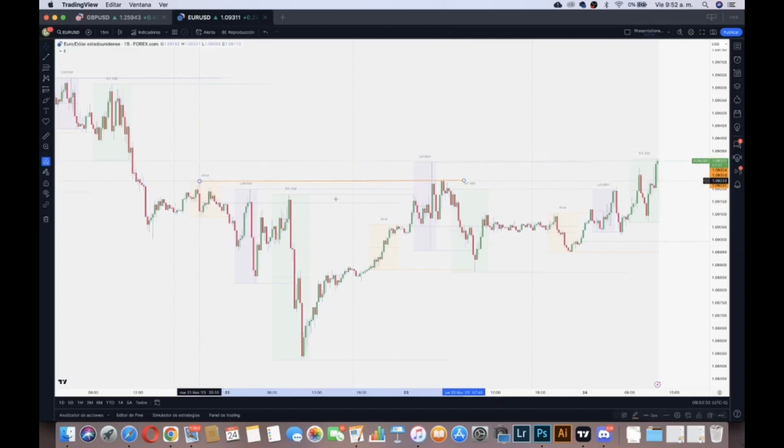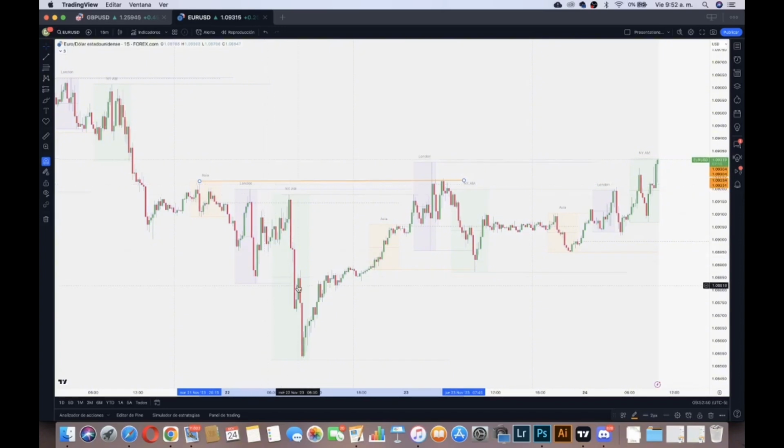The day is between the gray lines, right? So this is where the day starts, the day ends, the next day starts, the day ends, right? So we can see that this was the daily high and also the session's high.